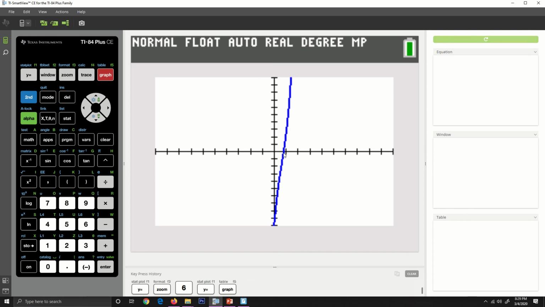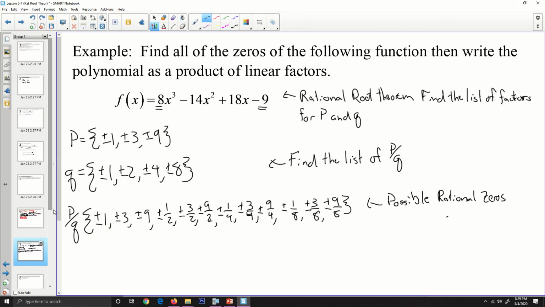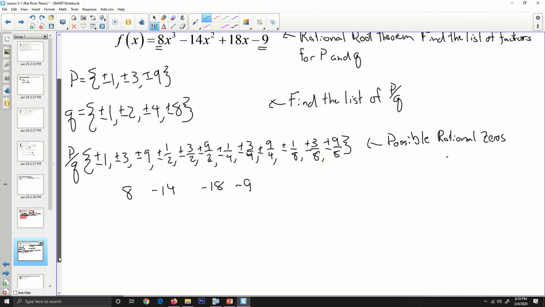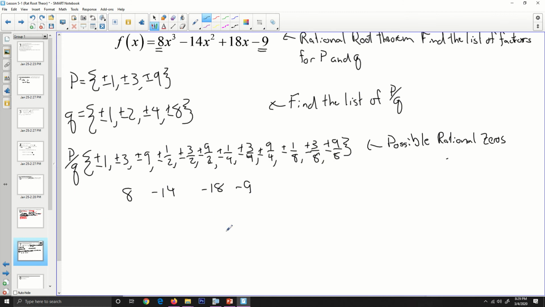All right, now I'm going to guess, let's guess 3/4 maybe. I think 3/4, let's try that. And so I'm going to divide out 3/4, and I'm going to go 8, negative 14, negative 18, and then negative 9. All right, and so what am I going to do here?